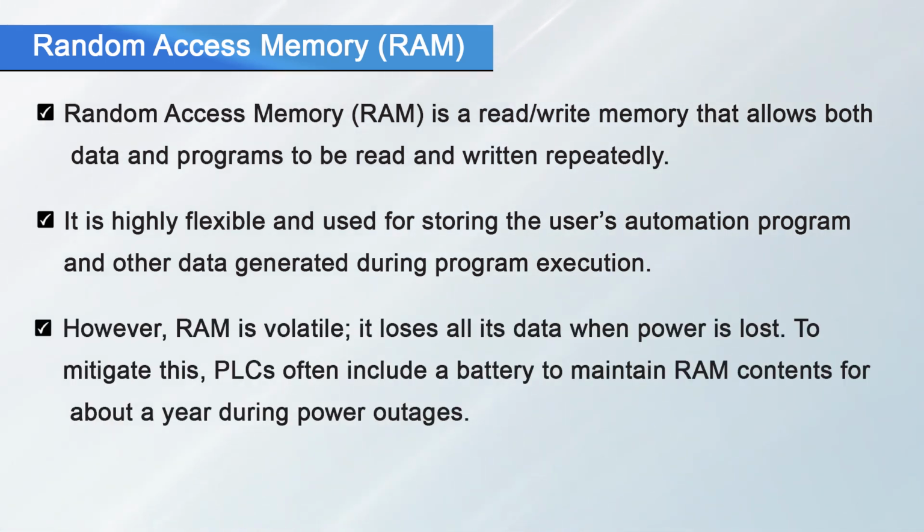But RAM is a volatile memory. It loses all its data when the power is lost. To mitigate this, the PLC often includes or uses a battery to maintain the RAM contents for about a year during power loss and to restore its RAM content.